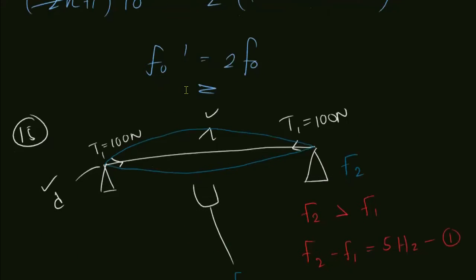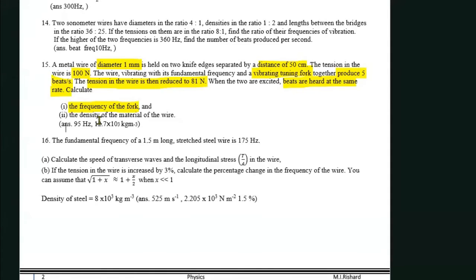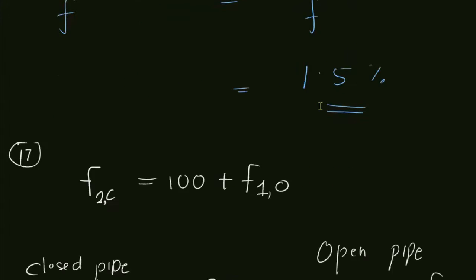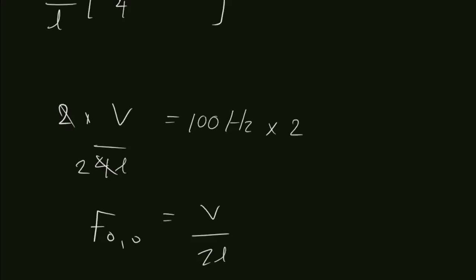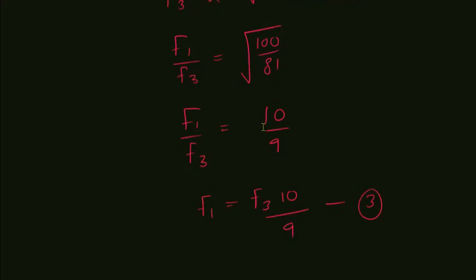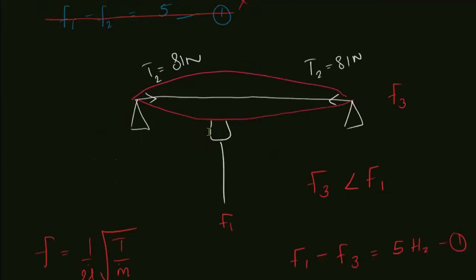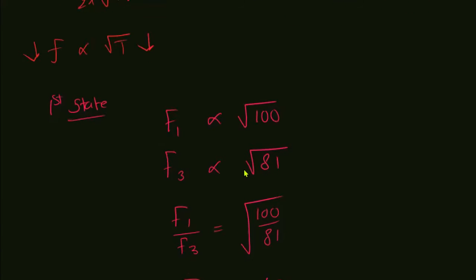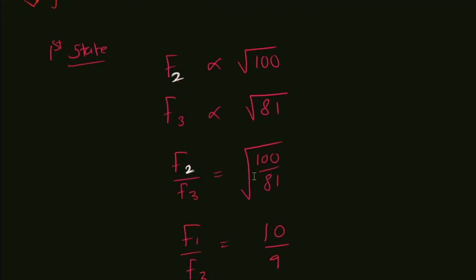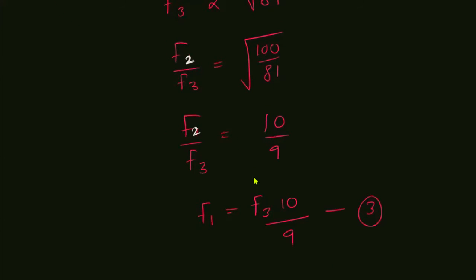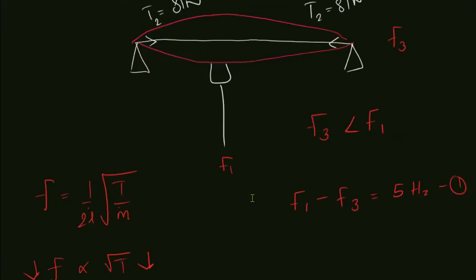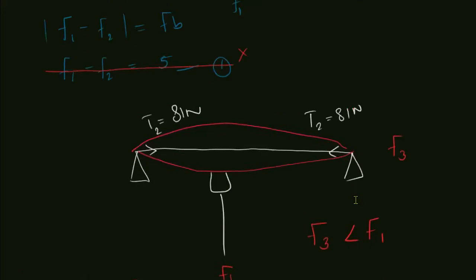What do we have to find? We have to find the frequency of the fork. Sorry, it's not F1 here, this is F2. So the thing is, we will find F1 now. Let's substitute in this equation.